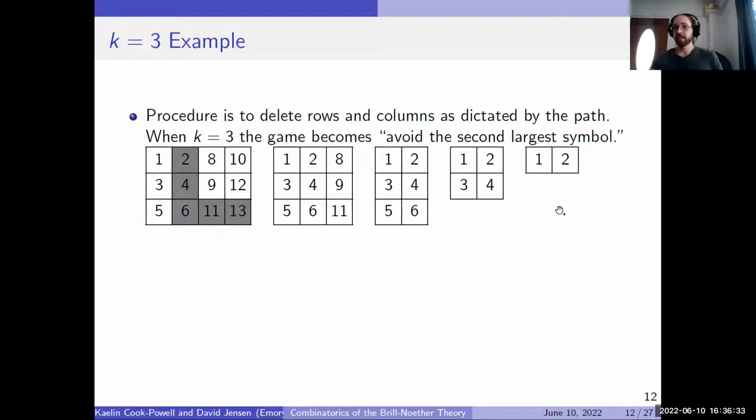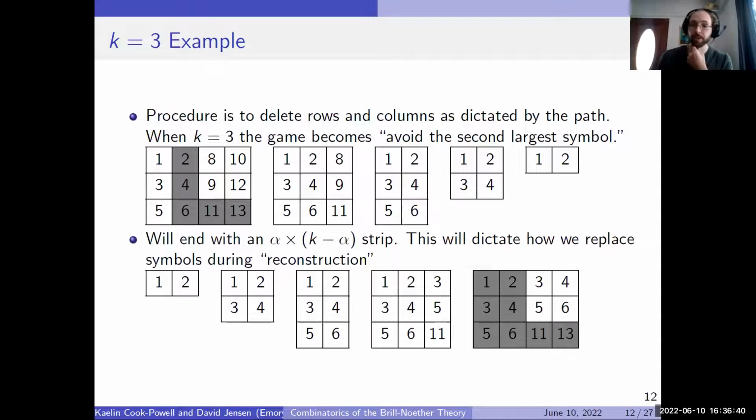And so what I'm going to do now is trace backwards through my tableau. I'm going to recreate these steps in the exact opposite order. We ended with a strip that was length 2, and k minus 2, 3 minus 2 in this case, is 1. That's going to tell me how I'm going to replace symbols. That will give me the exact L shape that I will have at the end. So I replace the first row, replace the second row.